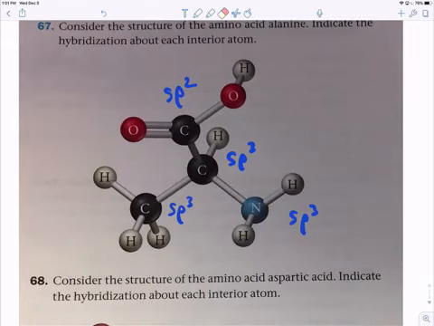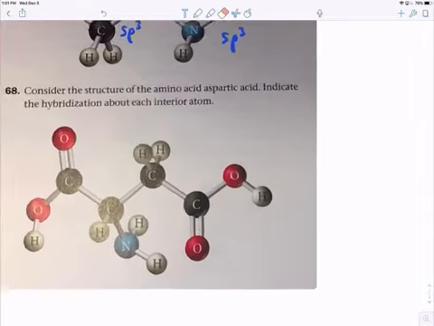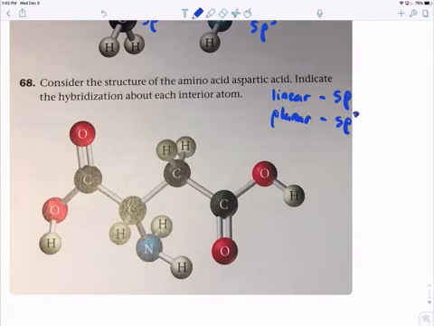Does anybody have any questions on how to do this one? So in general, if it's linear, it's SP. Planar, it's SP2. Tetrahedral, SP3.